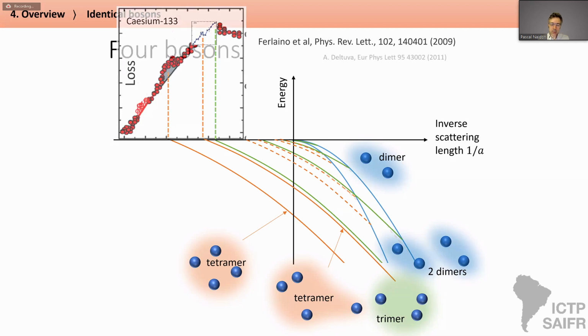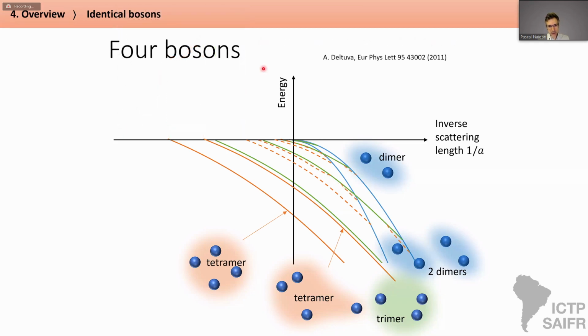And then people looked at, but this is for the ground states, which may not be completely universal. And then people looked in more detail at the structure of these tetramer resonances.